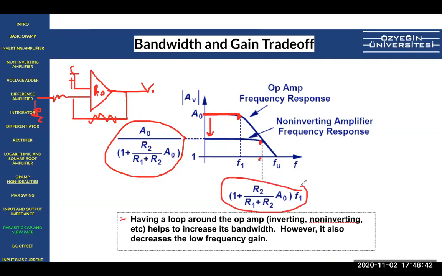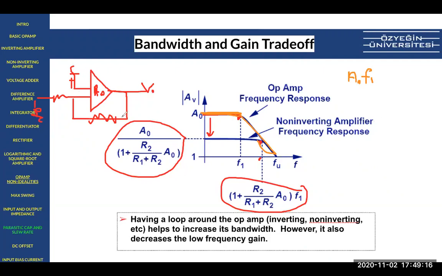And this is interesting because now we understand there is some kind of magical constant, and that magical constant is bandwidth times gain. So here in the first case, this was your first curve, the orange curve. You had a gain of A0 and a cutoff frequency of F1. So let's call the gain times bandwidth A0 F1.